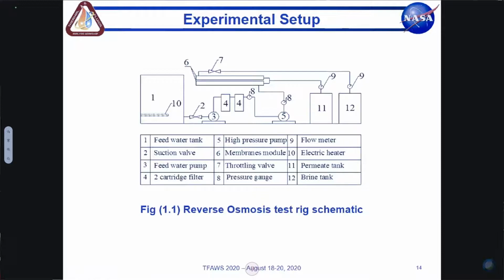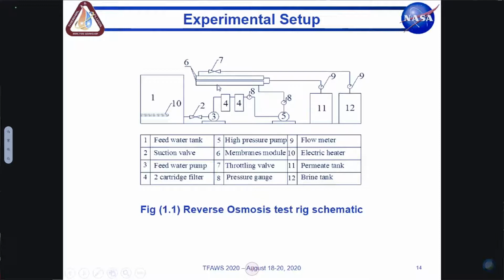As we see in our figure, the first is a feed water tank, and we can control the temperature using an electric heater. After that, the water will pass through a suction valve to the feed water pump. This feed water pump is a low pressure centrifugal type.